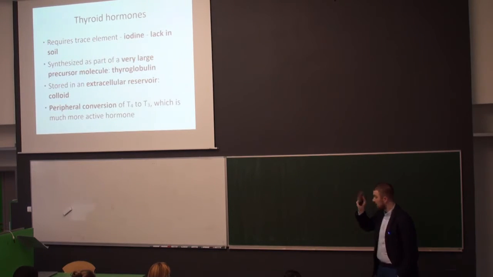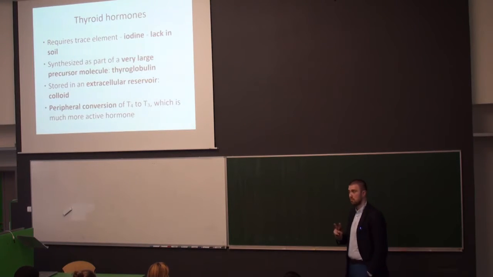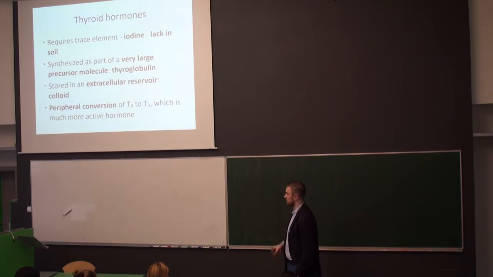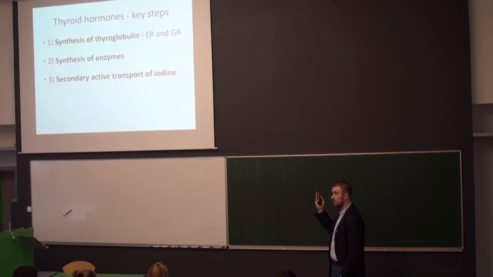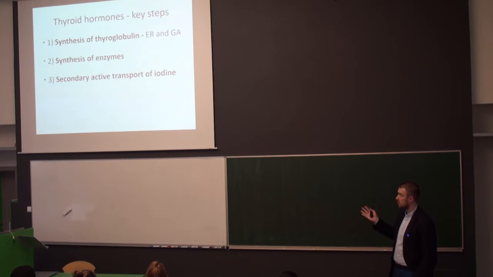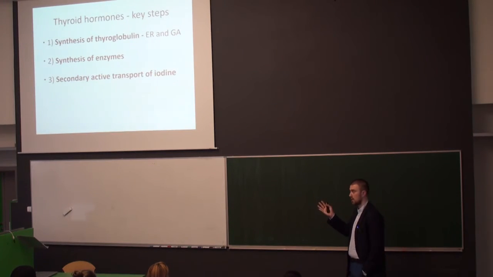And then the last that I already mentioned, that there is the peripheral conversion, yes? But that's not unique only for thyroid hormones. So if we start with the first three steps, they simply correspond with what we mentioned on the last slide.